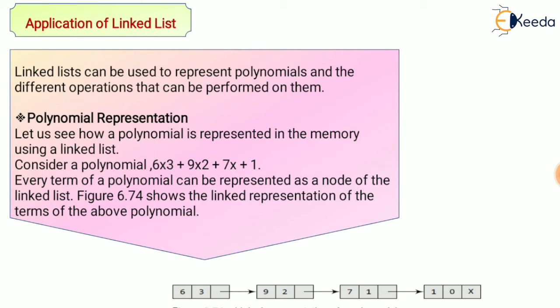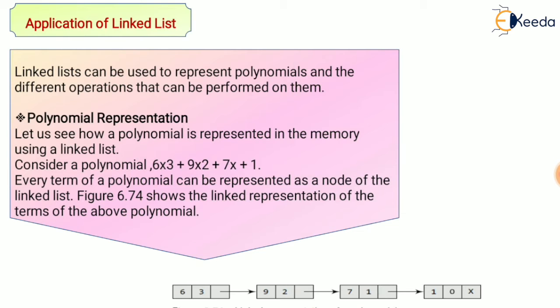In front of you there is one polynomial, that is 6x cube plus 9x square plus 7x plus 1. Every term of a polynomial can be represented as a node of the linked list. There is one figure, 6.74, which shows the link representation of the term.